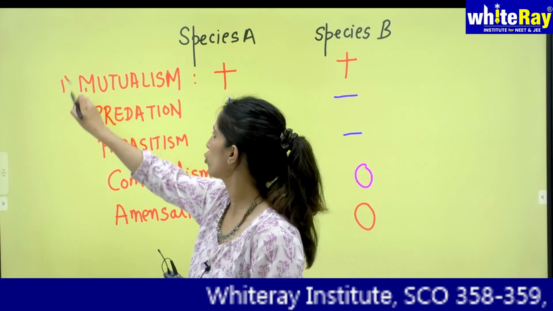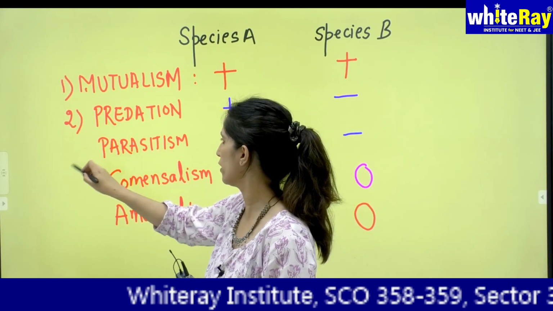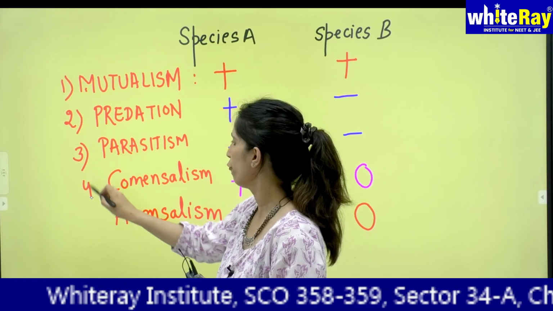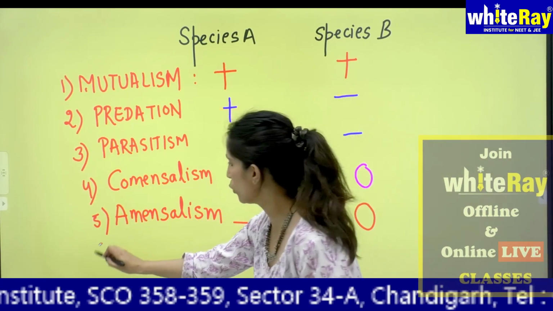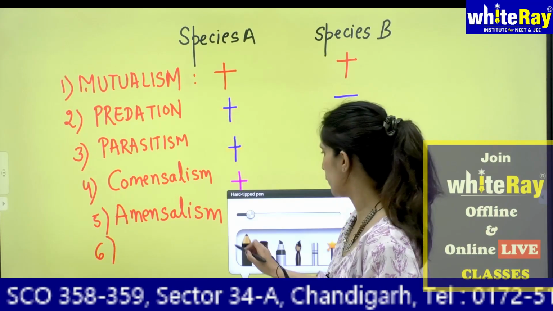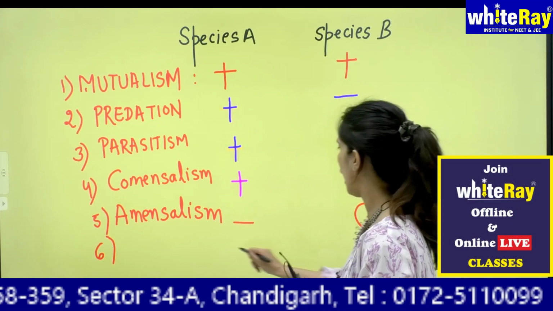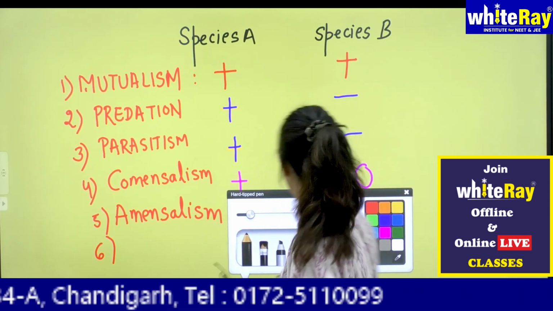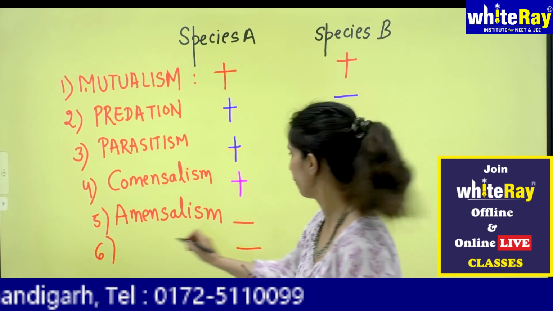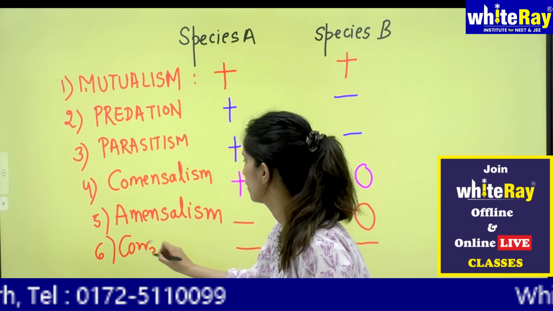One is mutualism, second is predation, third is parasitism, fourth is commensalism, fifth is amensalism. Sixth one, where both the species are harmed. That kind of interaction is called competition.